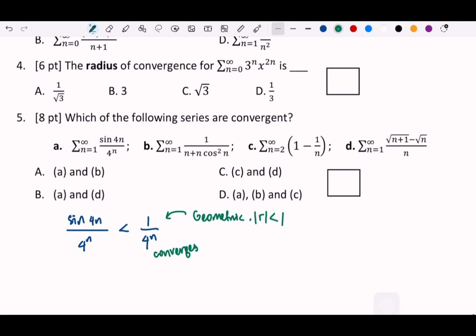So you'll see that this should converge as well, converge by comparison. I hope you can write nicely. I didn't write in much detail, but I hope you can get the idea. This is geometric, and because the ratio is less than 1, it's 1 over 4, it should converge, and the next one is also converged, and this is less than that.